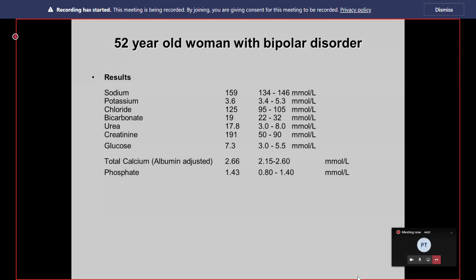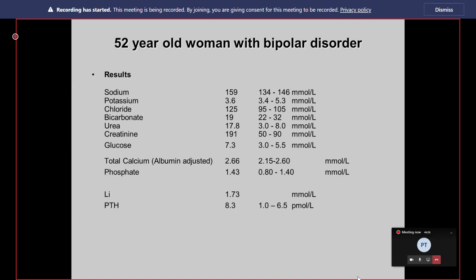Total calcium is raised, and the phosphate is also high, just above normal. This patient is on lithium, which is used for treatment of bipolar disorder, and her PTH is raised. So this is PTH-dependent hypercalcemia.